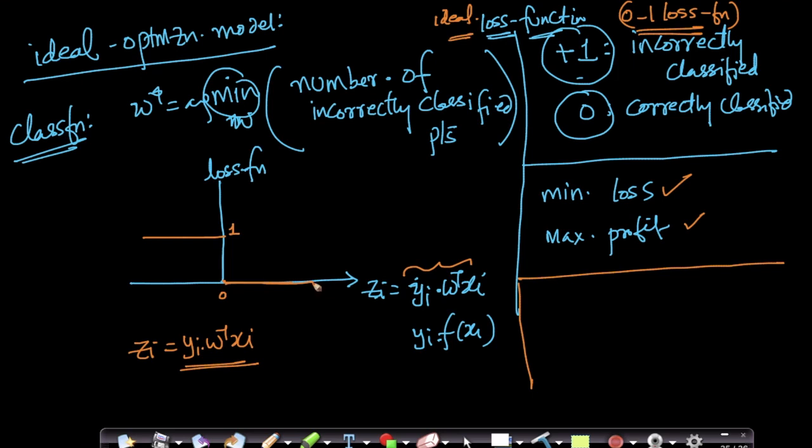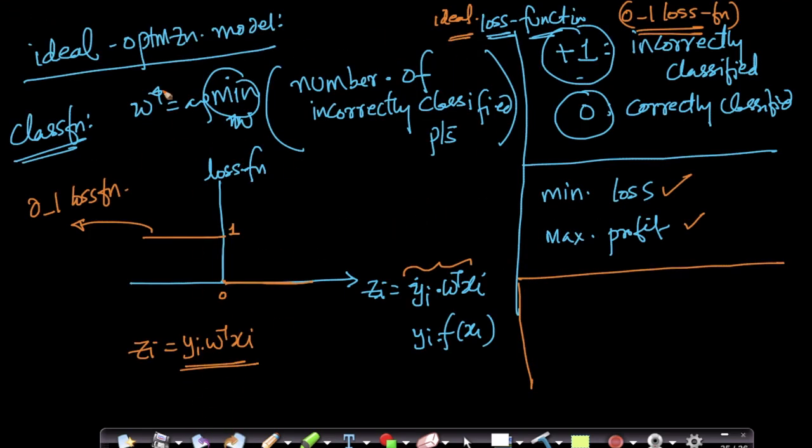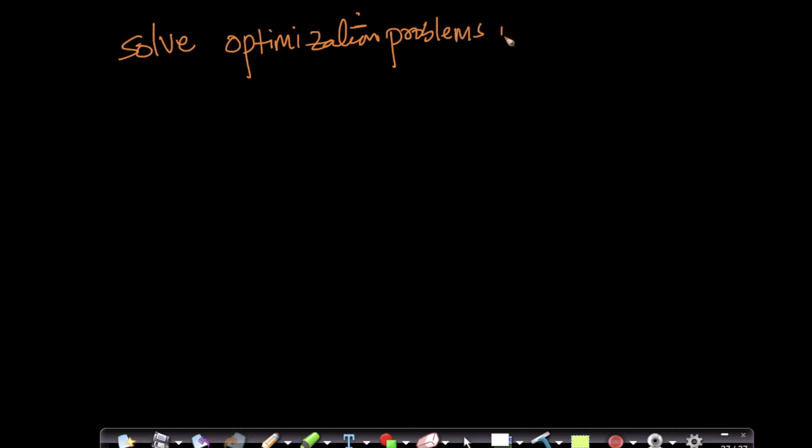Now, this is the ideal loss function, but there's a problem with it. This loss function is called the 0-1 loss function. Remember, till now we have written optimization functions, but we have not solved them. To solve optimization problems in machine learning, not always, but in general, we will use calculus.